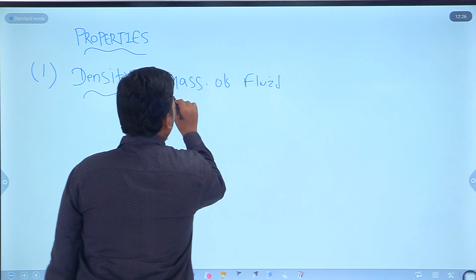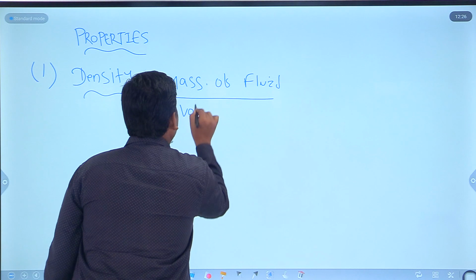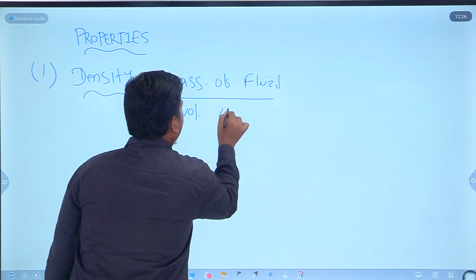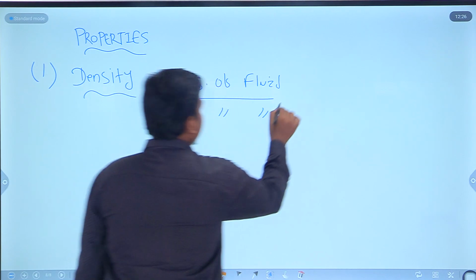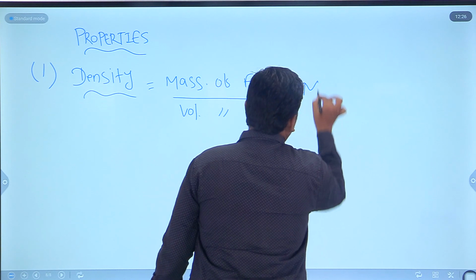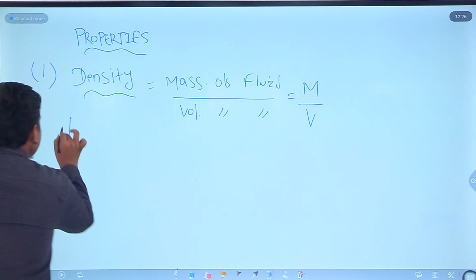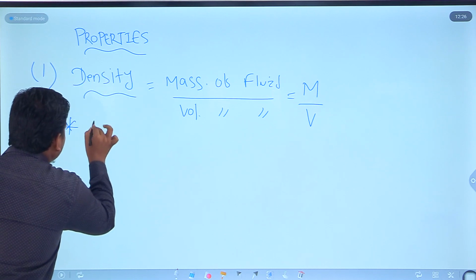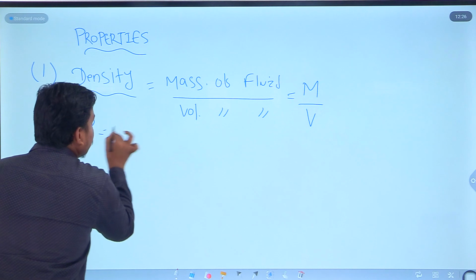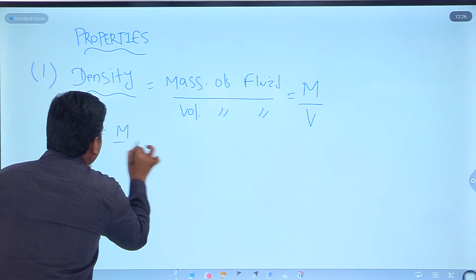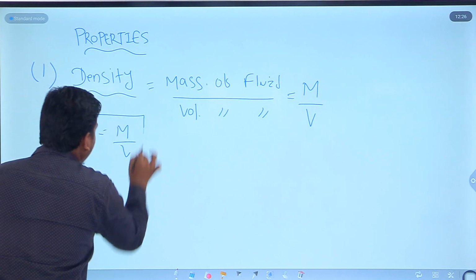Mass is m, volume is v. Mathematically, density is denoted by rho. Rho is equal to m by v. This is the formula for density.